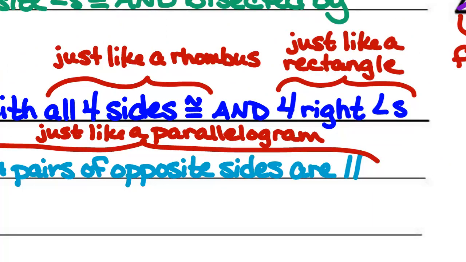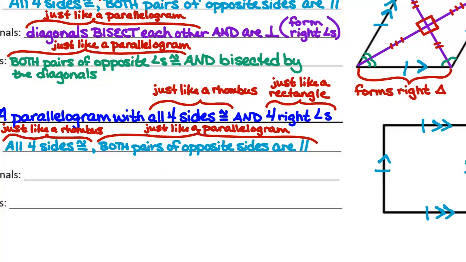The diagonals are congruent, and they bisect each other, and they're perpendicular.